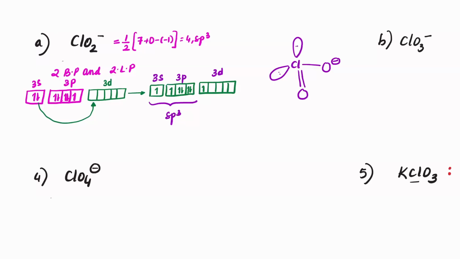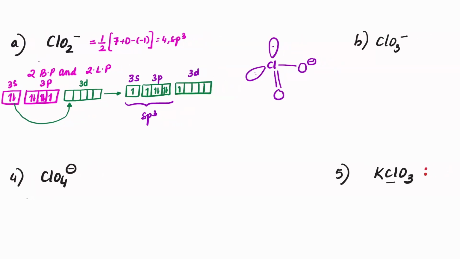So 3d would make a pi bond here. Therefore, this pi bond which you will get is d pi p pi, because d pi is coming from chlorine, p pi is coming from oxygen.